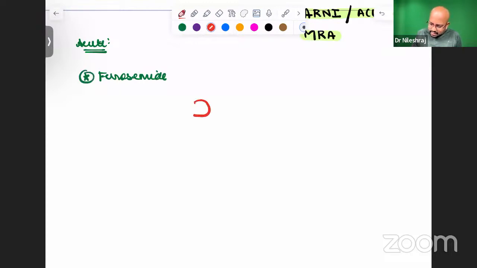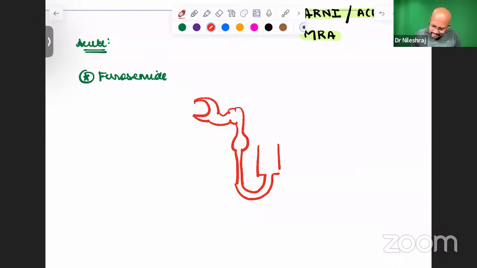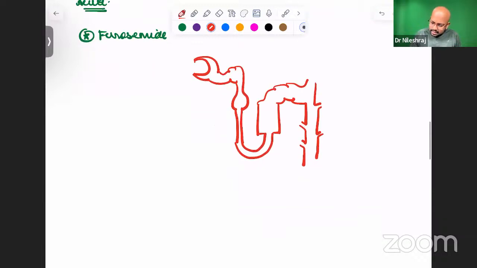Consider we have the glomerulus, proximal convoluted tubule, the descending limb, the loop of Henle, the thick ascending limb of Henle's loop, and the distal convoluted tubule, which in turn is going to be draining to the collecting duct. We have the afferent arteriole and the efferent arteriole.